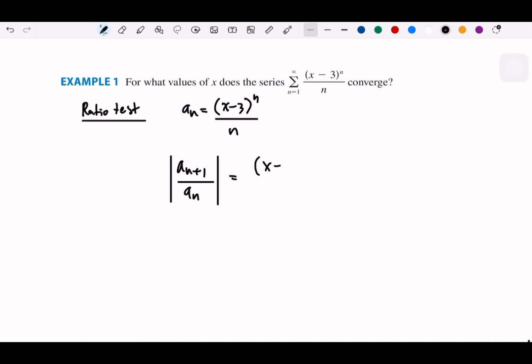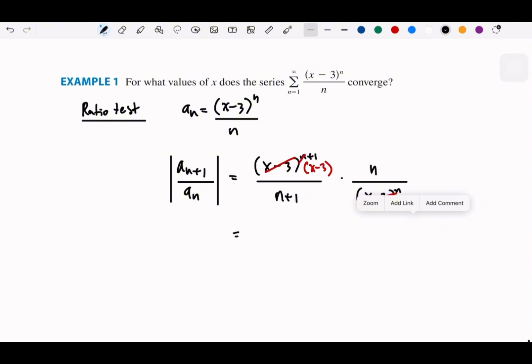So you will have x minus 3, and this x minus 3 cancels with that one, and we can factor out the x minus 3. We evaluate the series in n.